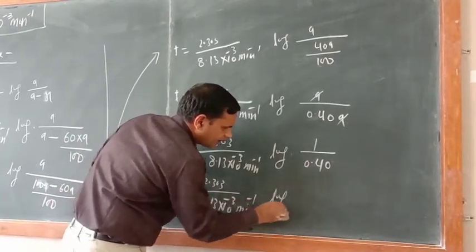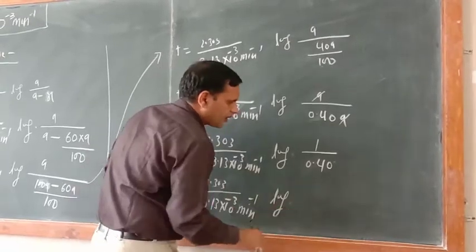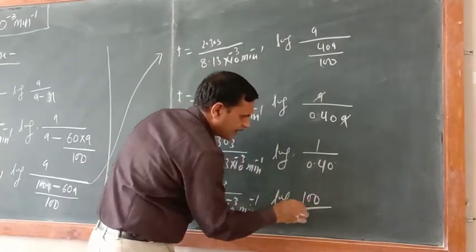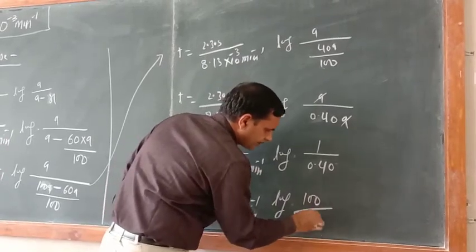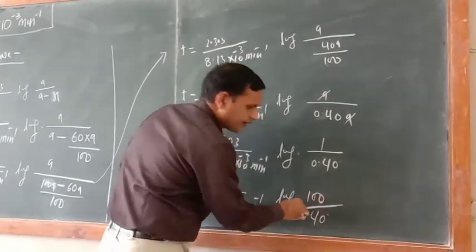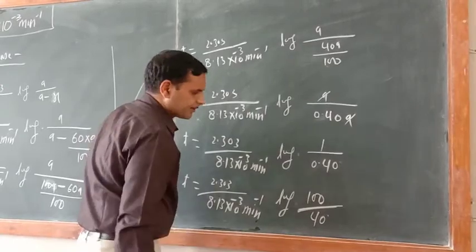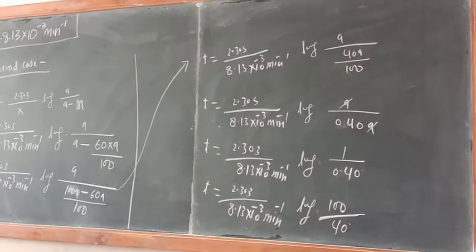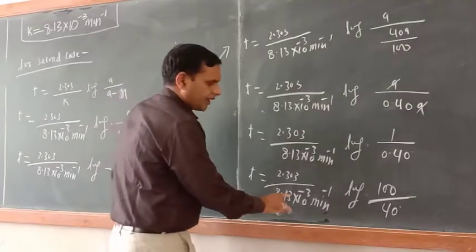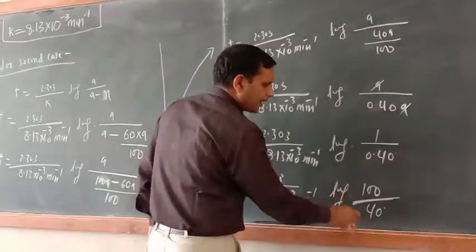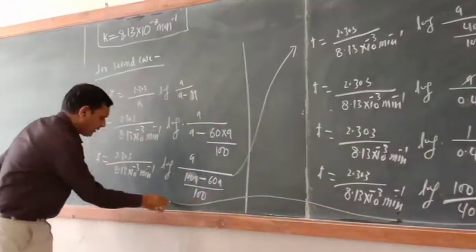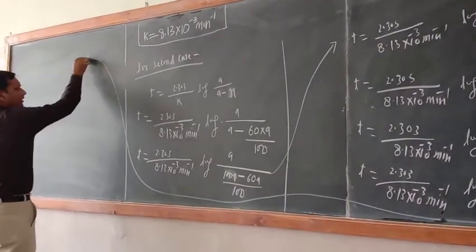Here log we can write 100 by 40. So dear cadets, now you have got 100 by 40. Now this side the log table is not there, so I am writing this side.